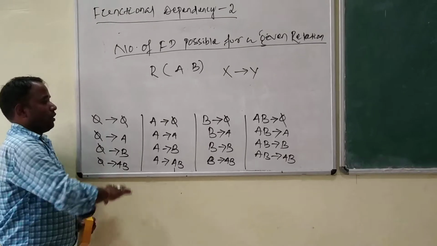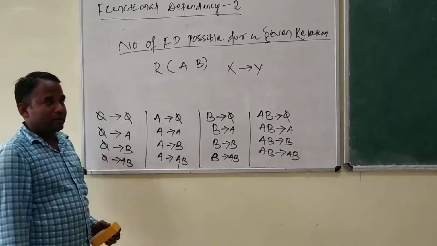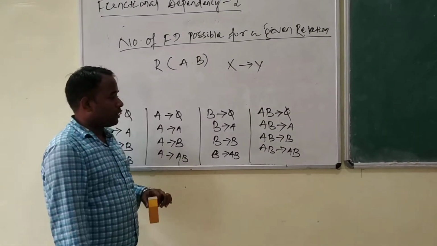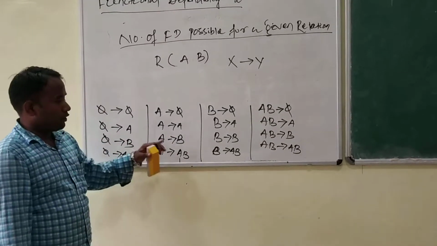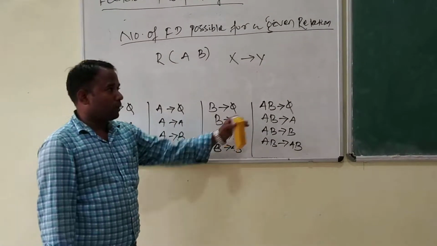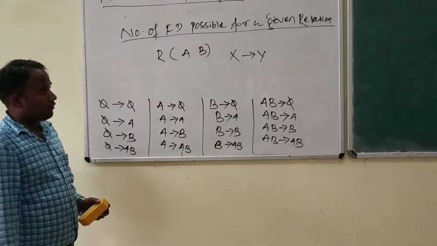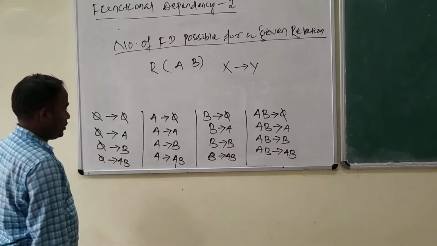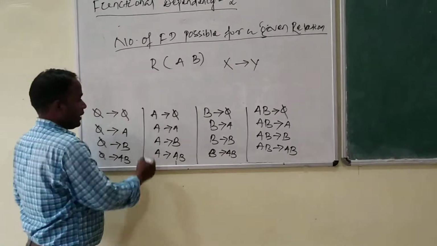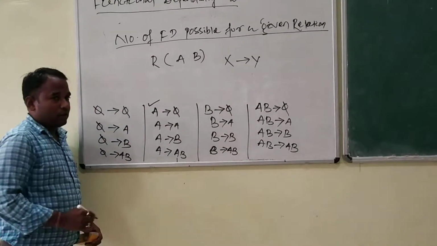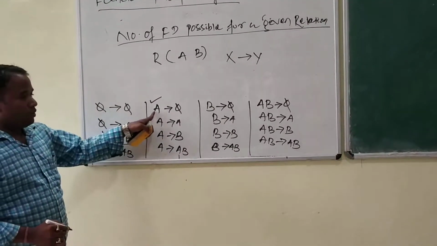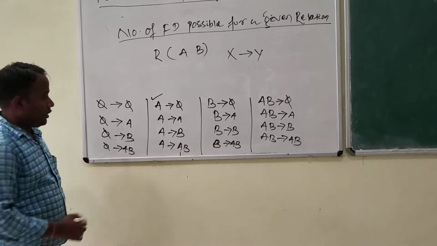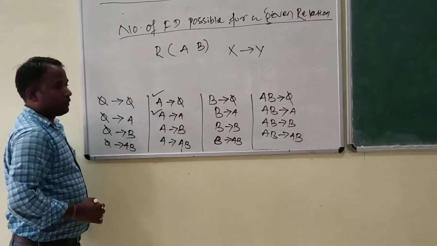But out of these 16 functional dependencies, some will be called trivial, some non-trivial, and some semi-trivial. Let's identify which category each falls under. For example, A determines phi is a trivial functional dependency. A determines A is also a trivial functional dependency.